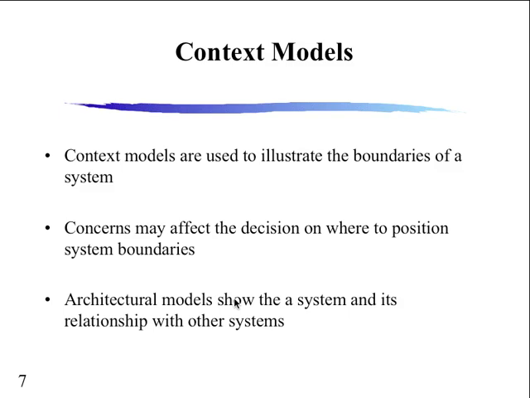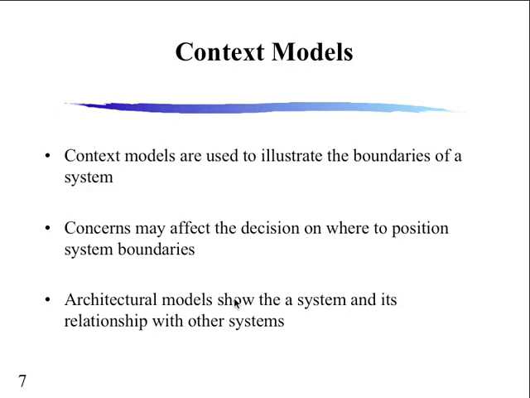So to confuse you even further, context models, that's the more popular way of saying composition, or sometimes they overlap with architectural models. So the context models are used to illustrate the boundaries of the system. So then it sounds like an architectural model to me, showing the context. Concerns with the decisions of where to position the system boundaries might be important if you're building a network application. Let's say a shopping cart.